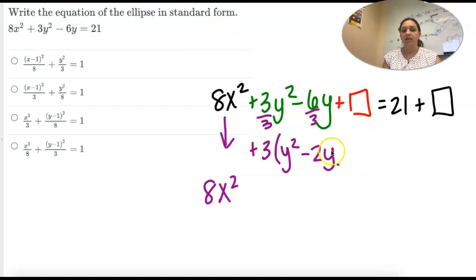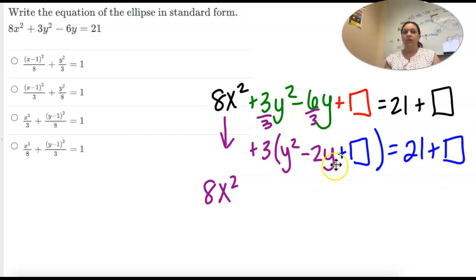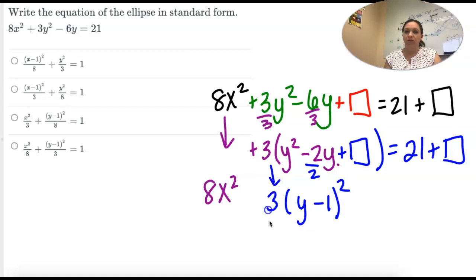So I'm going to add some value here, and we're going to add it out here too. So divide by 2. That becomes y minus 1 squared with a 3 in the front. And the number that goes here is this squared. So -1 squared is +1.